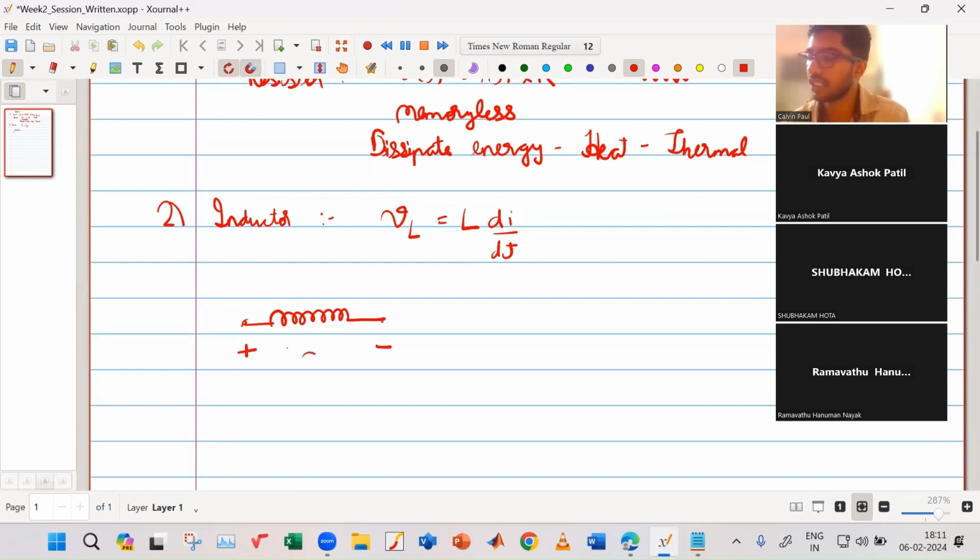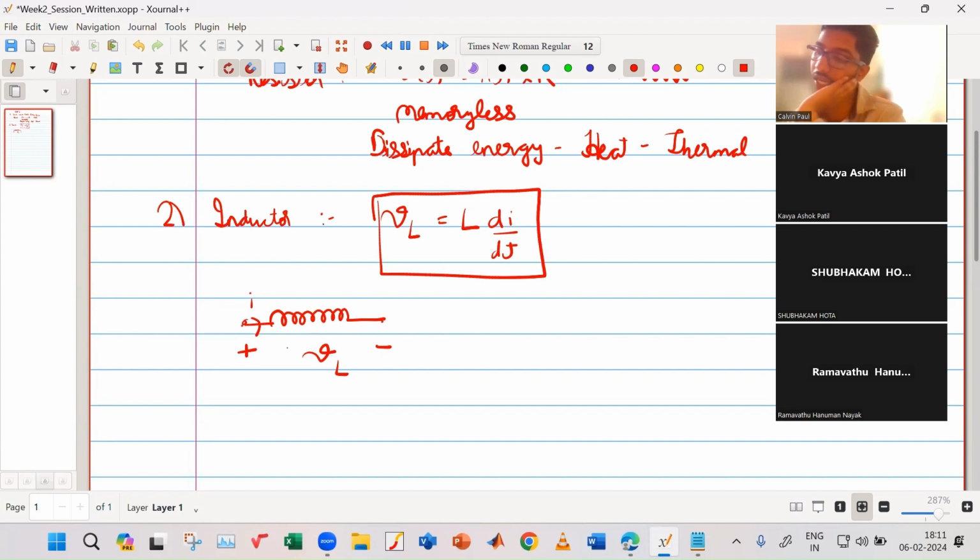This is the voltage across the inductor, and this is the current flowing into the inductor. This is the basic equation: VL is equal to L into di by dt. Based on the voltage which is applied, the current will change, right?